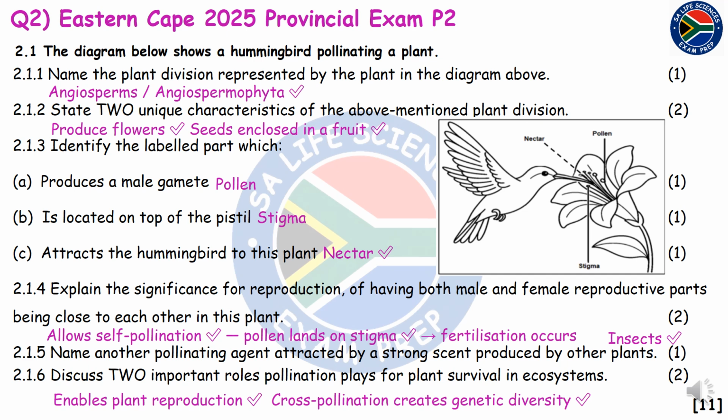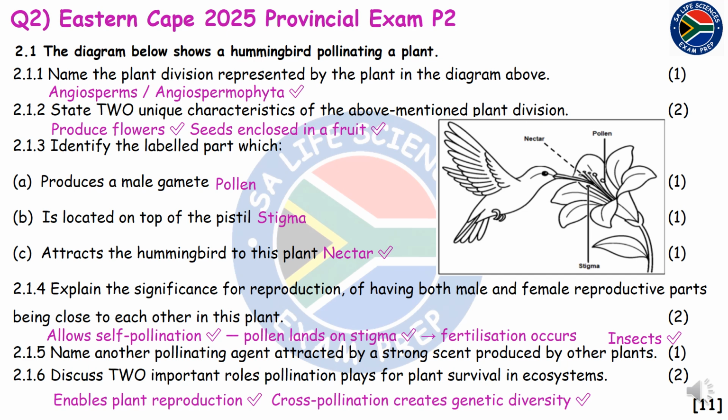2.1.6, discuss two important roles pollination plays in plant survival. So, pollination allows plants to reproduce. The reason why it allows plants to reproduce is because it transfers the male gamete, which is the sperm, to the female reproductive system. So this enables reproduction and for more plants to grow.